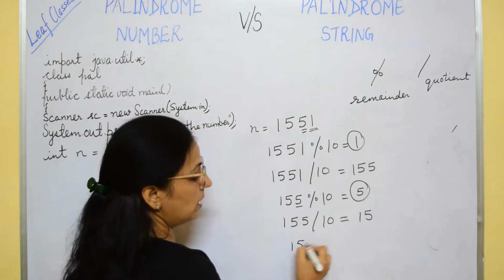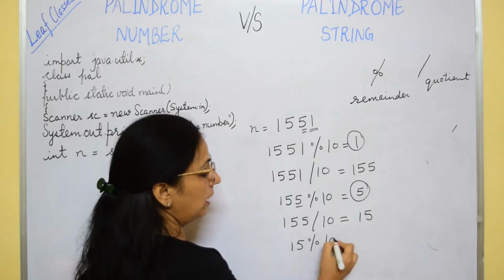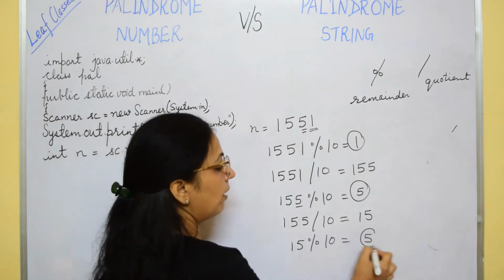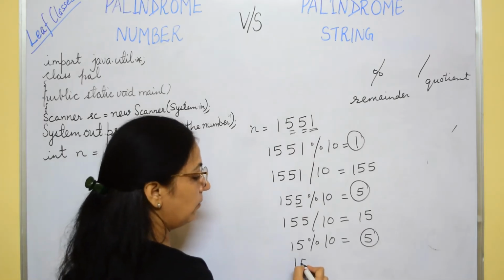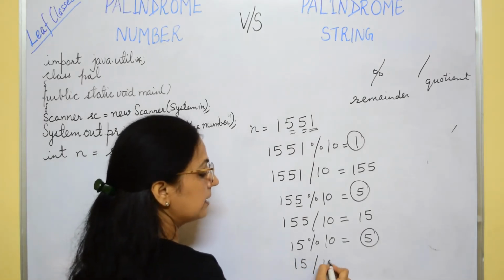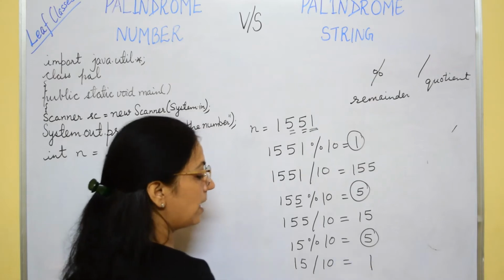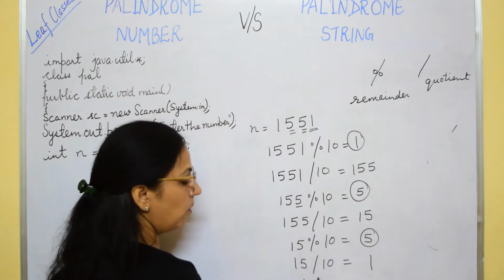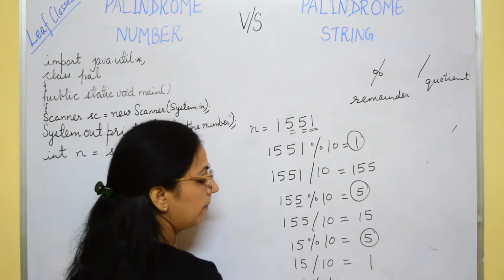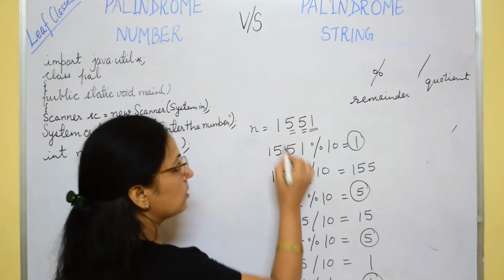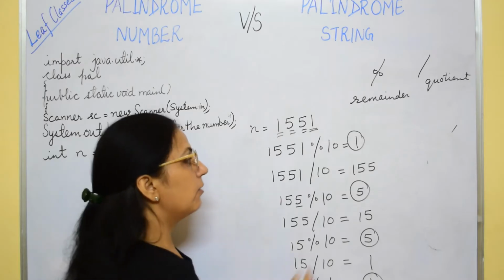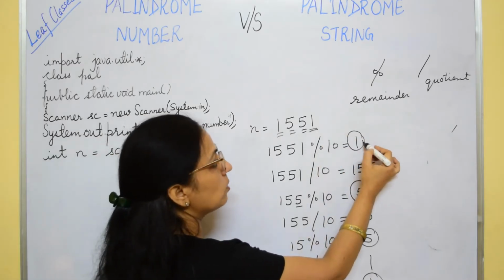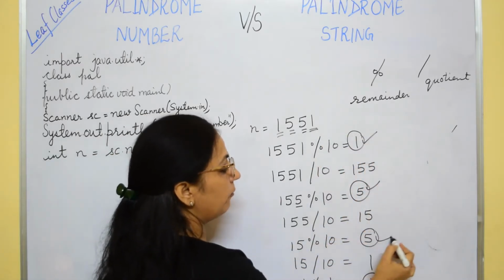Now I will use the same method. 15 mod 10 will be 5. We have got the next digit also, and then we take 15 /10, which is 1, and then 1 mod 10 will be 1. The next one also we are getting, right? So like this we are getting the digits from right to left: 1551.